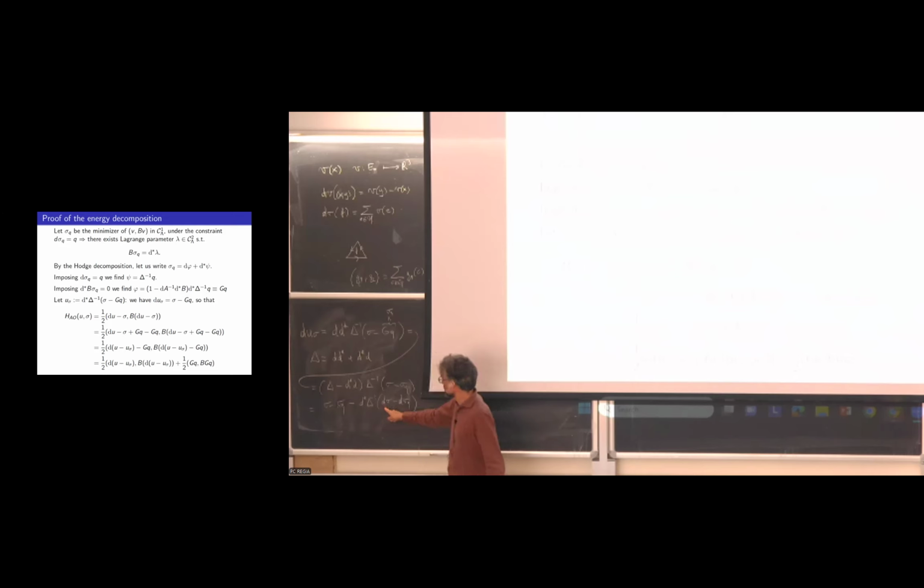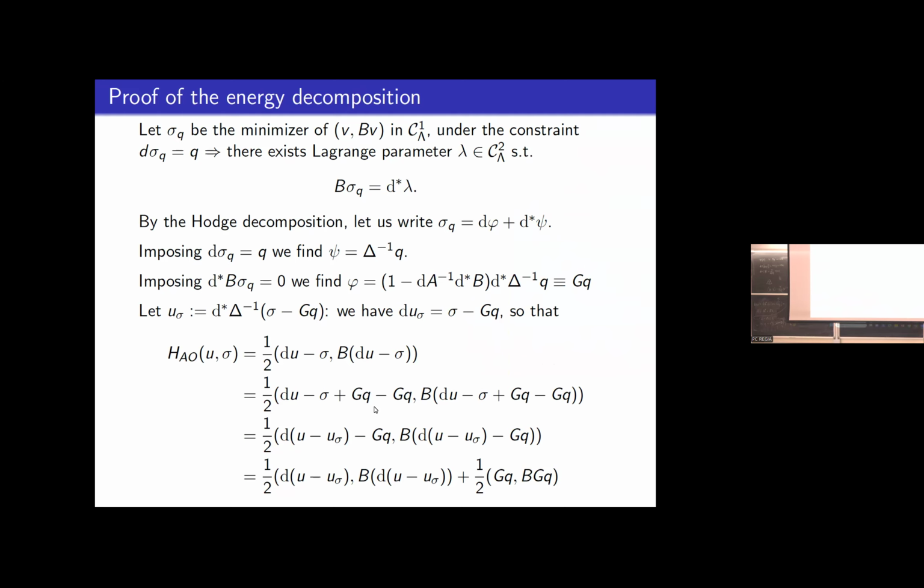But this is 0 because both d sigma and d sigma q are equal to q. So this is equal to sigma minus GQ. And thanks to this identity here and the fact that sigma q is equal to GQ, we can rewrite the result for the Hamiltonian this way. So add and subtract sigma q.